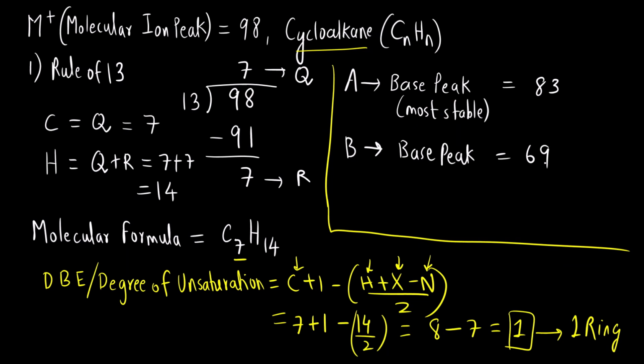So the M plus ion peak is given as 98, and from this we get two base peaks, one at 83 and another at 69.